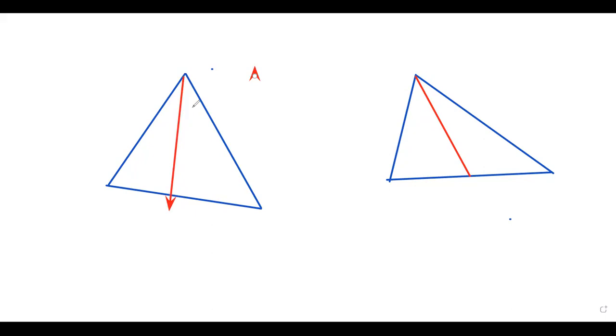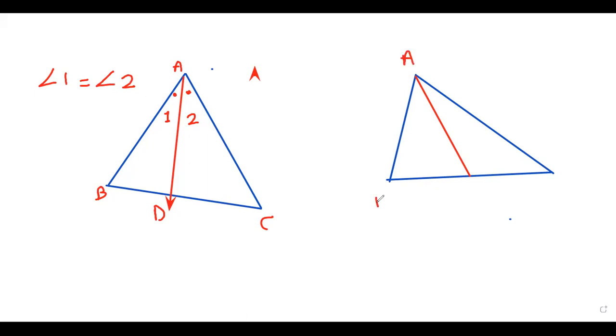So this is the angle bisector. As you see, AD is an angle bisector, and the angle bisector bisects the vertex angle into two equal angles. So the size of angle A, or angle 1, is equal to the size of angle 2.